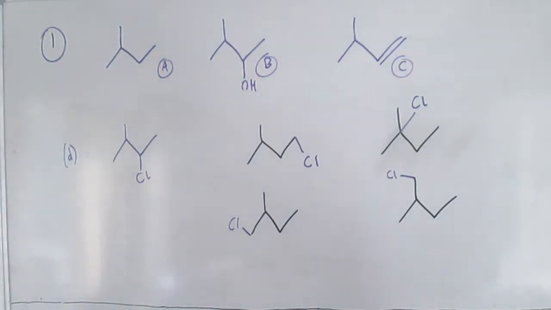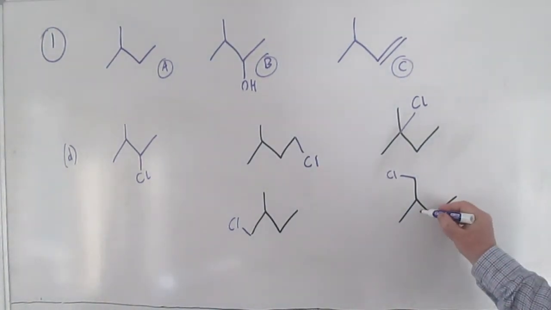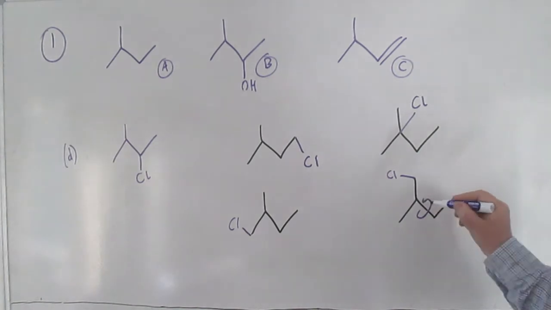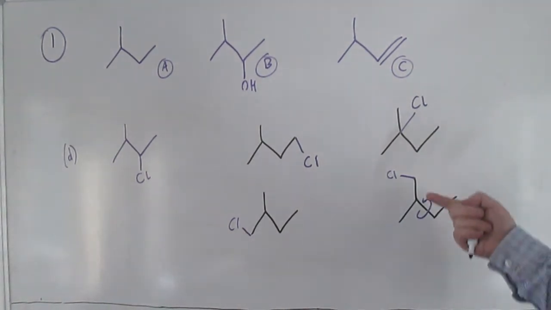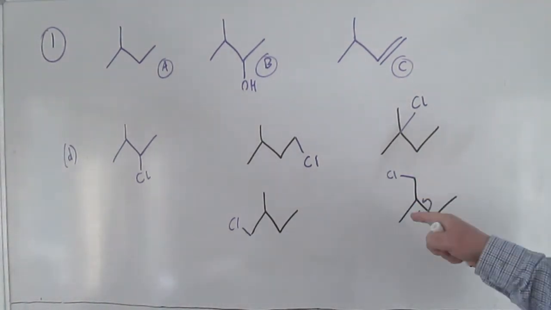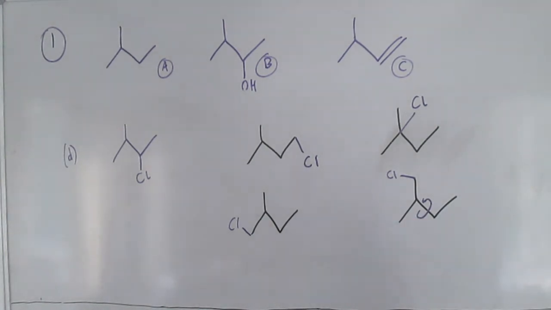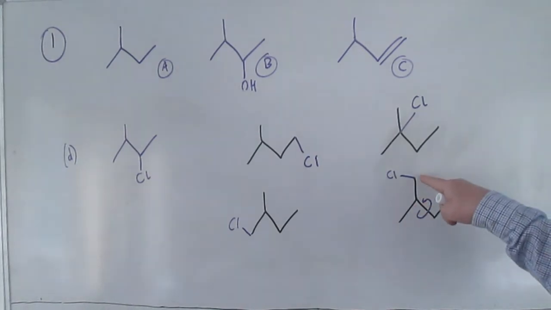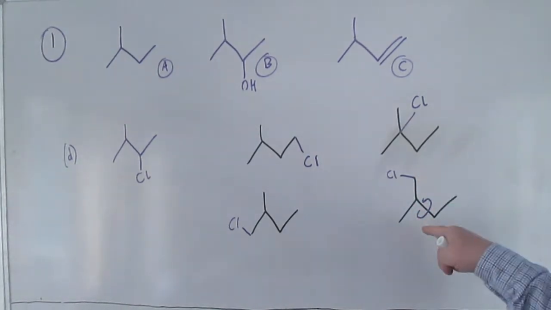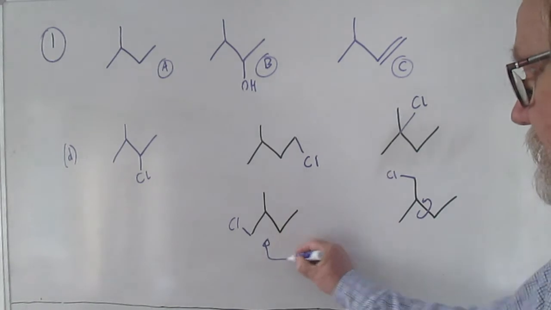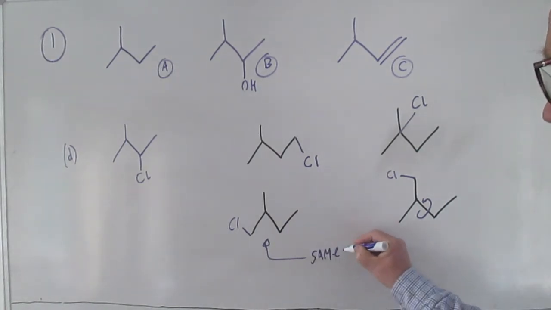But you can hopefully see that all we have to do is rotate around that bond there, and remember it's very easy to rotate around single bonds, and that will come down to here, and those two carbons will change places. So that and that are the same thing.